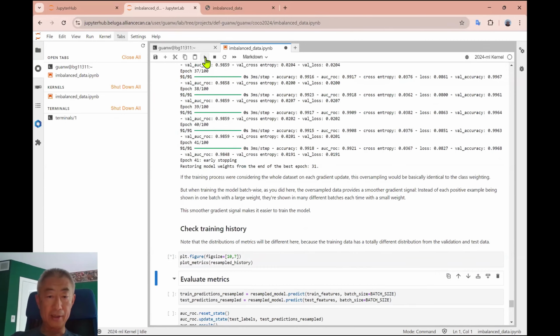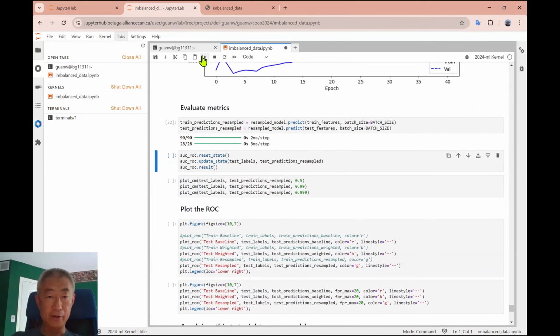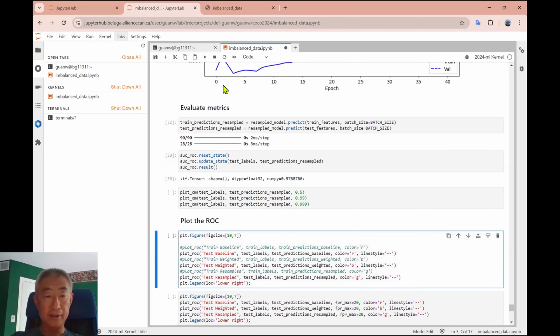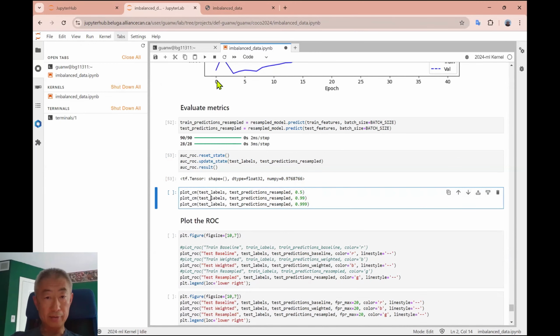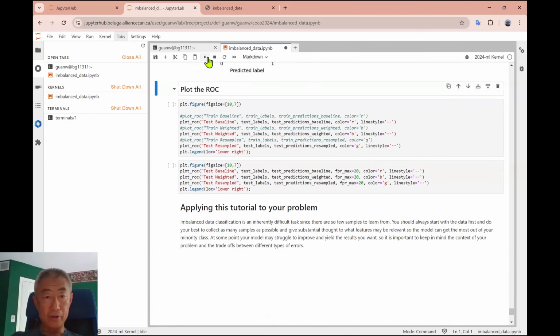So first we plot it, doesn't matter. Then we evaluate on the test data to see what we got. We got this one, pretty close to what we got from the weighted sample strategy. So similar, and yeah. Let's plot the ROC curve. Oh, sorry. Yeah, we should do this one as well. And then do the last one.